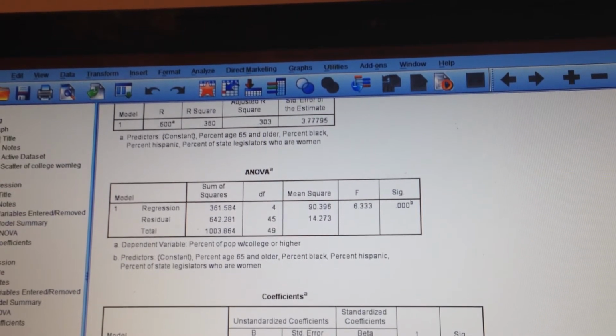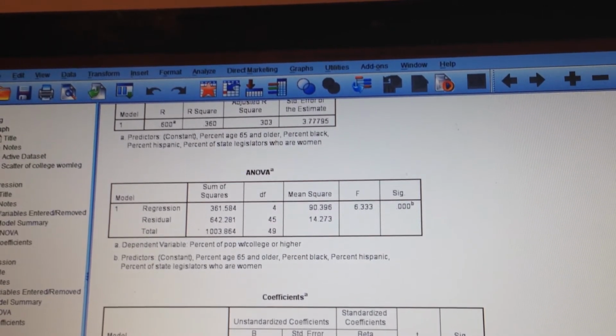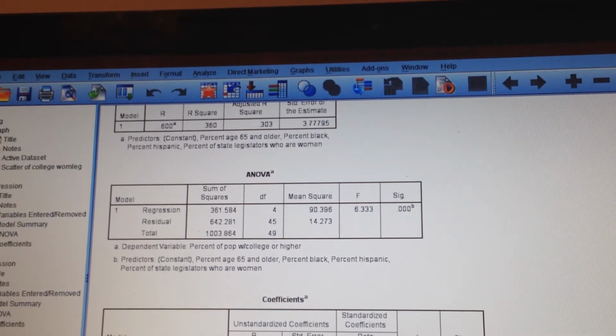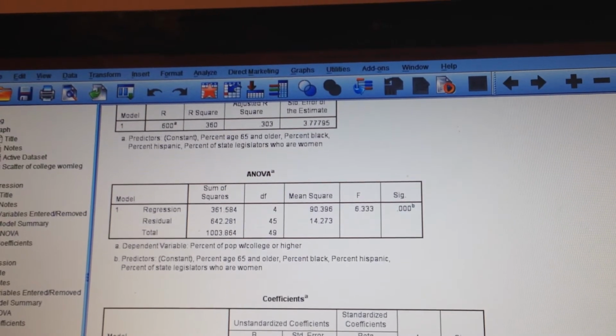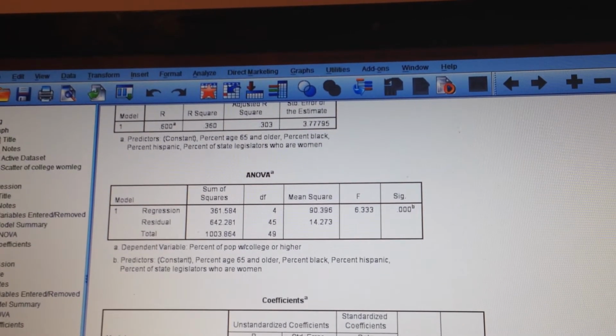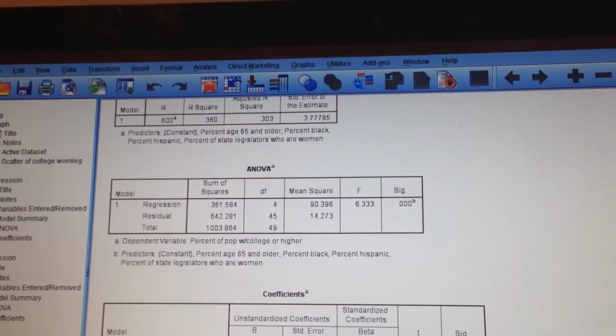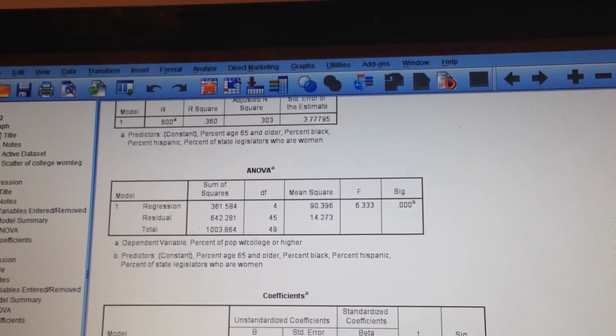We start to figure out that it's not a third factor that matters here. I know that the percentage of state legislators who are female matters to college degrees, even when I have these other 3 things controlled for. And when you can rule out other explanations, you start to move towards causality.